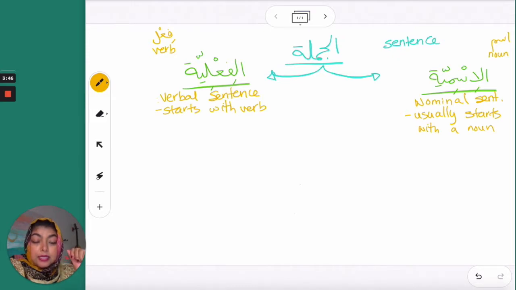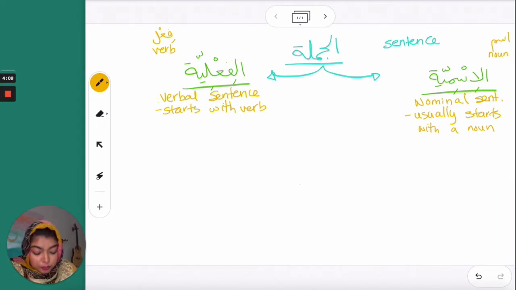Now, each of these types of sentences have what we call عمدتين, the two pillars. The two pillars are the two main parts of the sentence, and it's what makes the sentence a complete sentence. So in order for you to have a complete sentence, it has to include العمدتين, the two pillars.